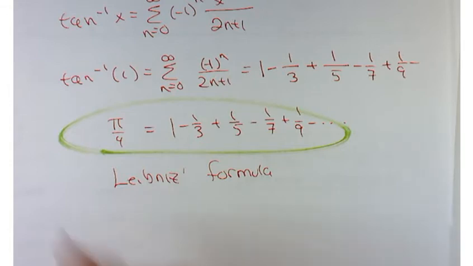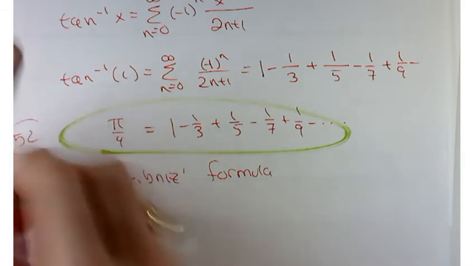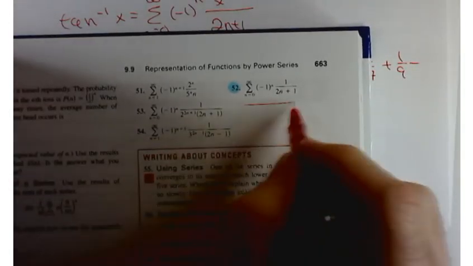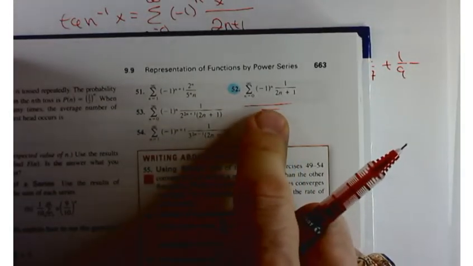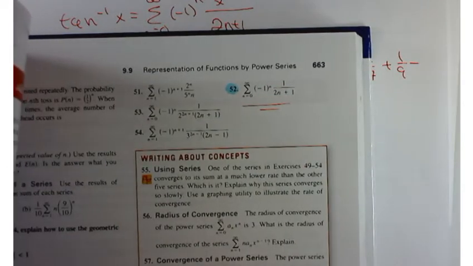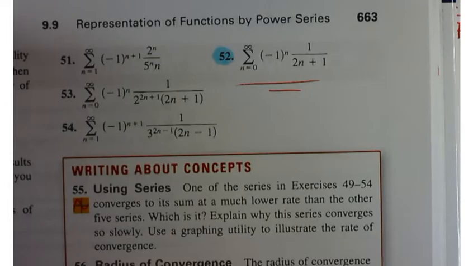This, by the way, is really my long version of the answer to problem number 52. If you look at problem 52, they ask you to explain what this value is. And that's exactly what we got. It's the inverse tangent of pi over 4. Okay.